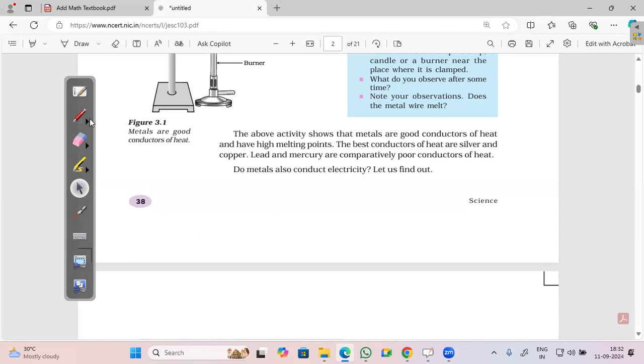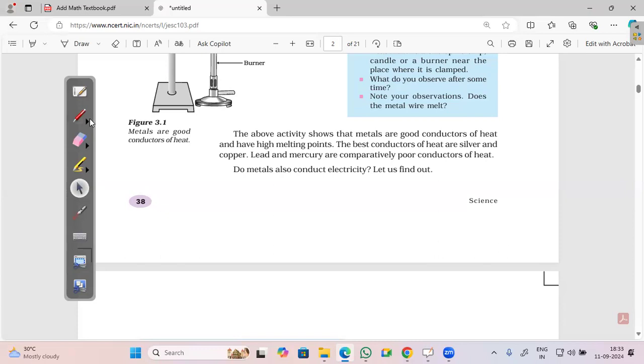All the metals have high melting and boiling points. If you consider hardness, a non-metal which is hard, diamond.